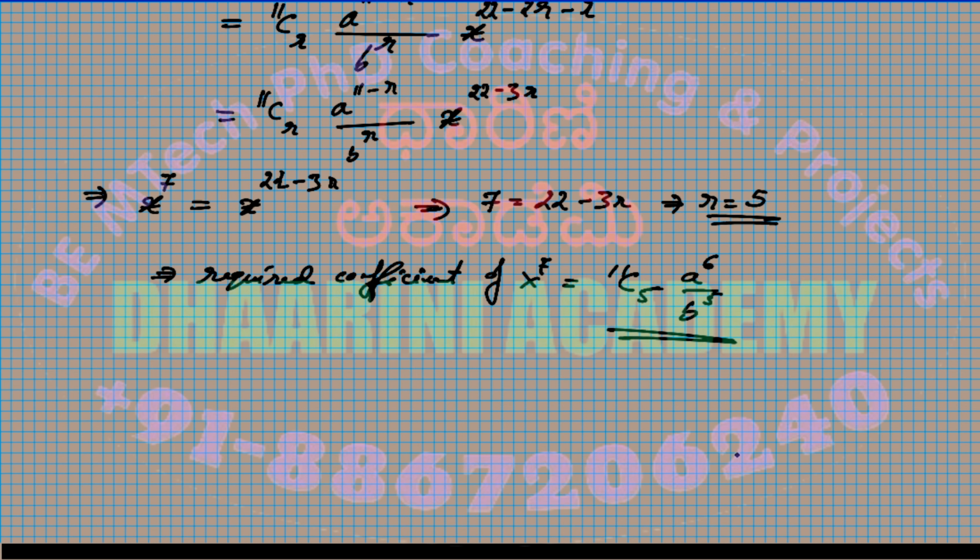Then let us try to solve another question of very similar type. So find the coefficient of x to the power minus 7 in the expansion of ax minus 1 by bx square raised to the power 11.